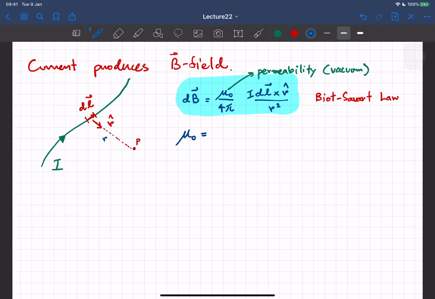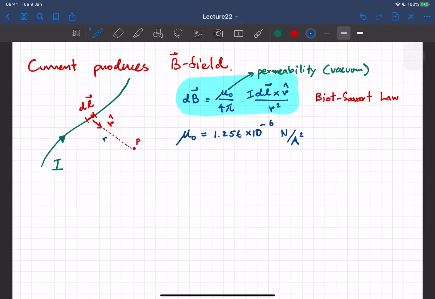So mu zero is about 1.256 times 10 to the minus 6, with SI unit, which is Newton per Ampere squared, in case you cannot find it somewhere else.